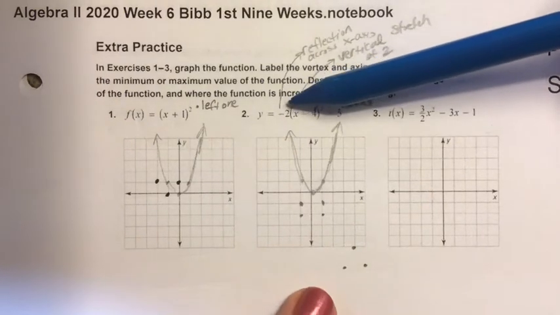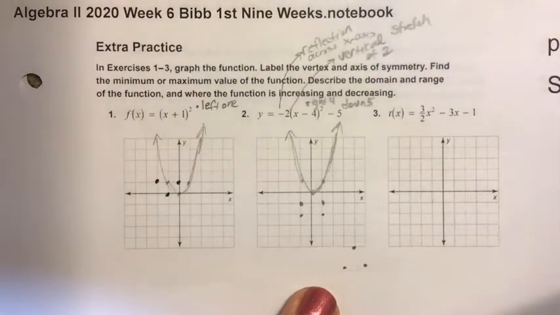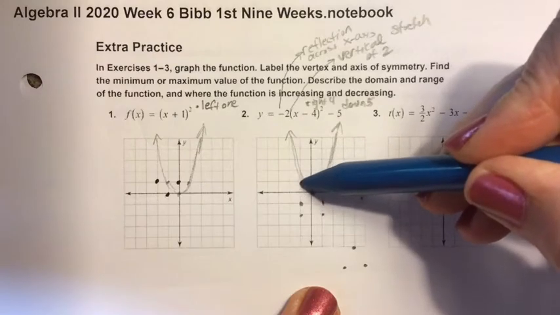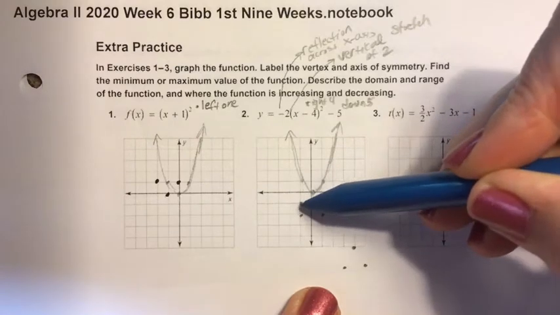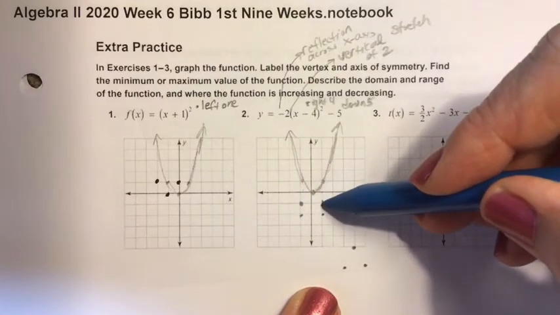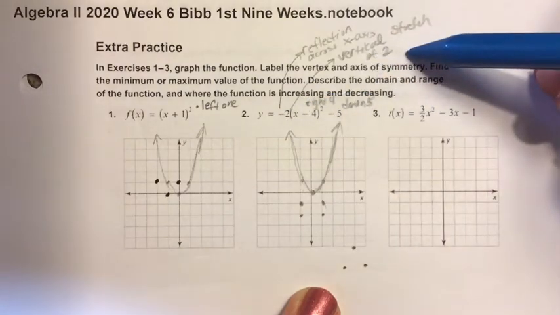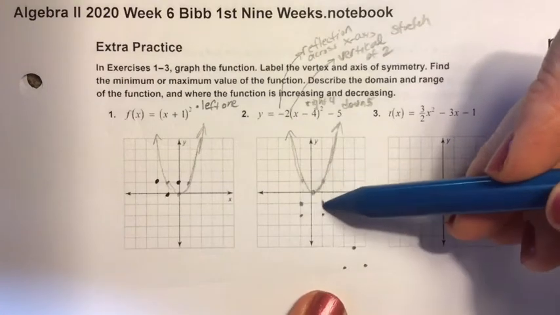The first thing I did was reflect the parent function across the x-axis. Of course, this point stays where it's at. This point is 1 unit away from the x-axis, so I drew a point that reflects 1 unit away from the x-axis, and same thing here. Next, this 2 represents a vertical stretch of 2, which means you multiply your y-coordinate by 2.